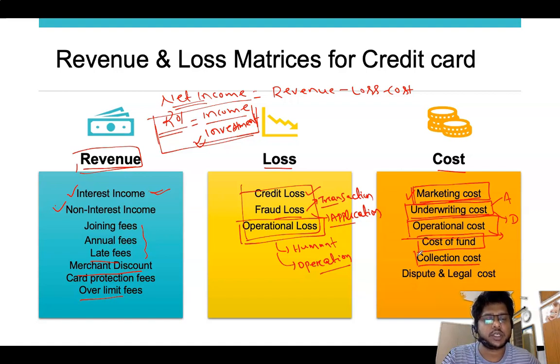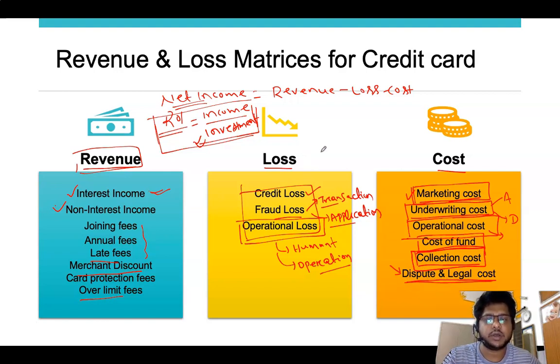All that is a costly affair, and hence collection cost is one of the major costs for a bank. Finally, dispute and legal cost: because of various disputes or cases, the bank has to incur a loss or a cost to settle the dispute.